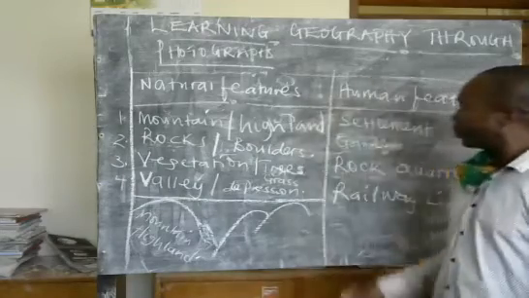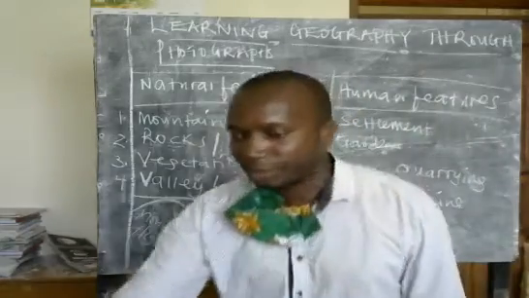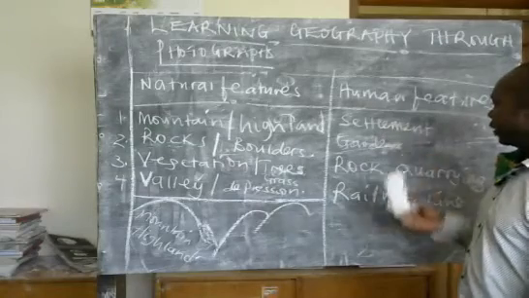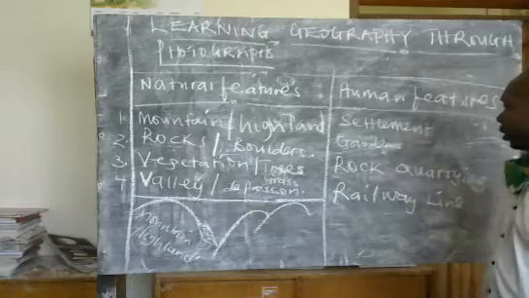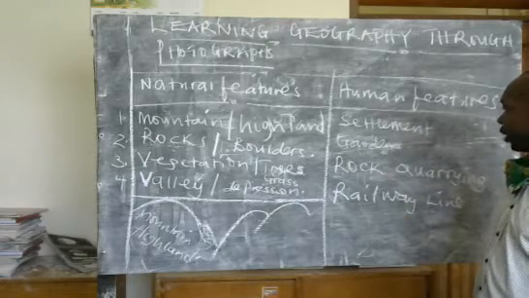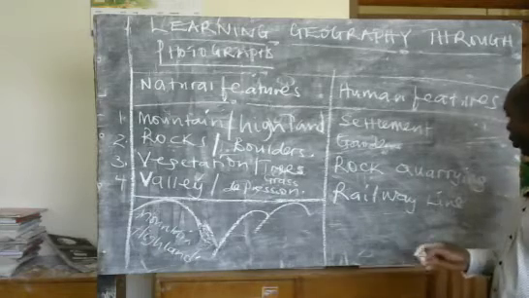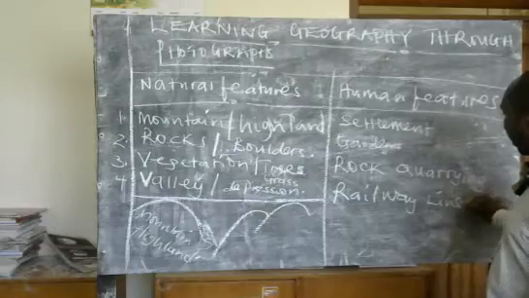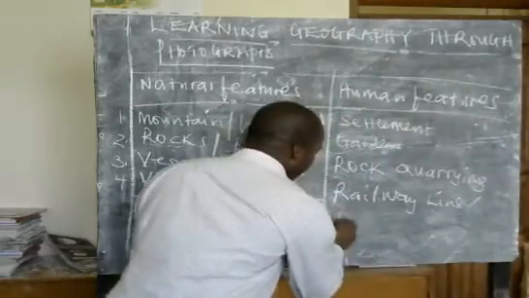Let us go to the human features. If you look at the photograph, check what you have presented, what you have written down. Good. Many of you have begun with the railway line. Others have written rail.